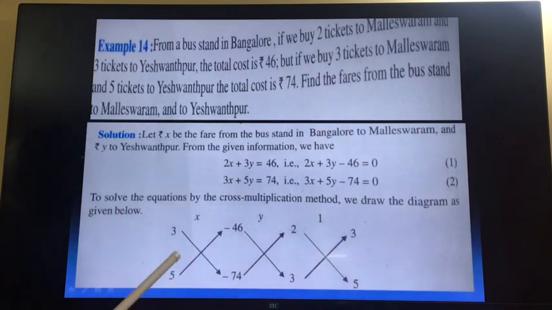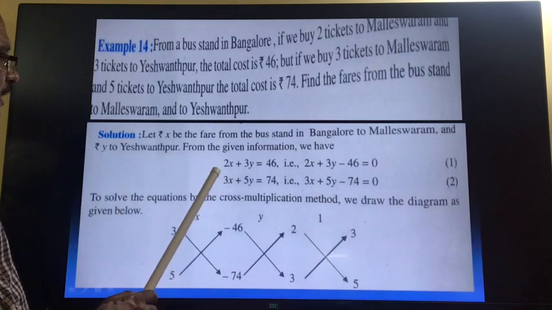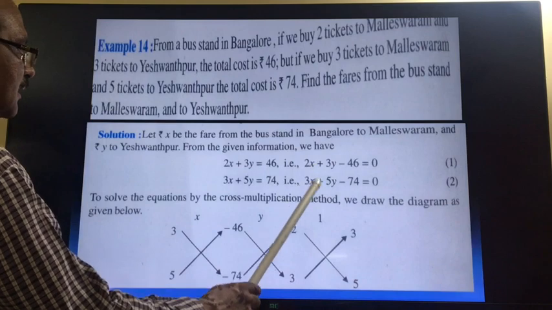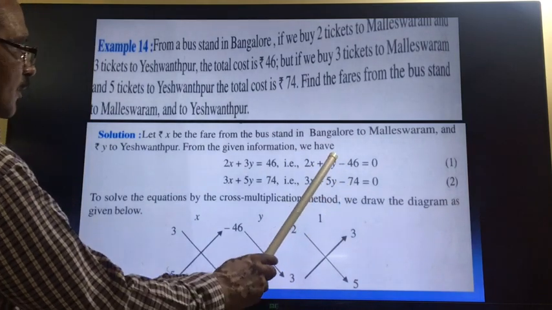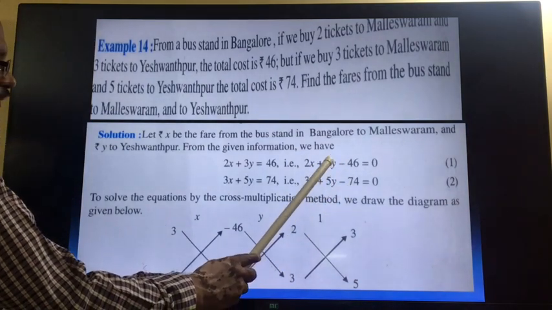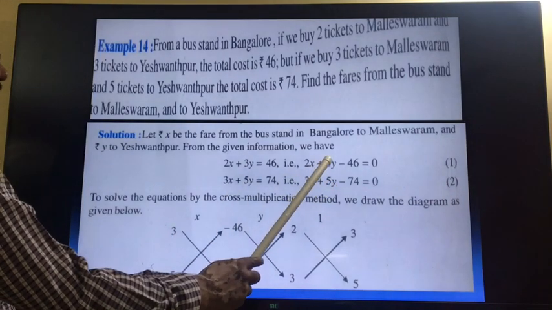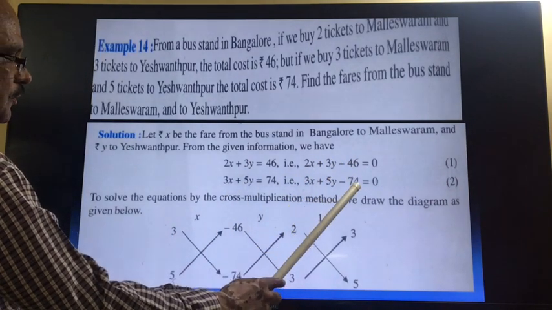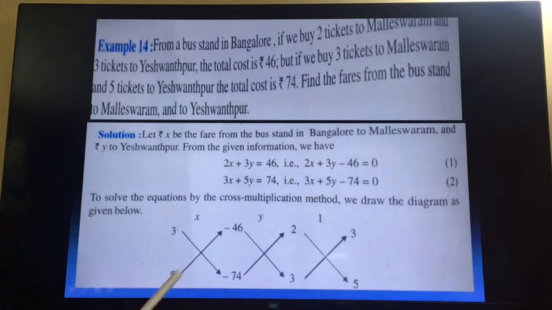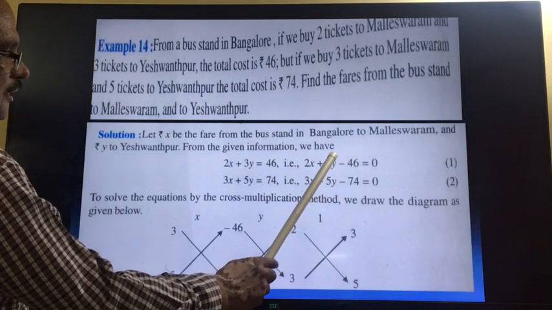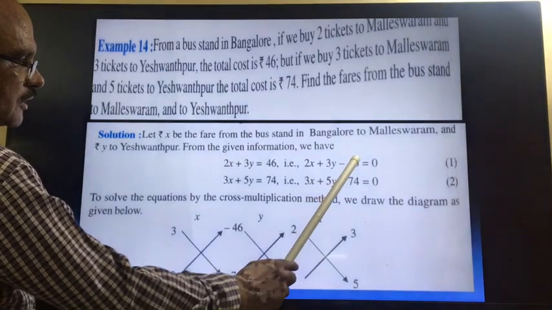So understand it. After writing these two equations, we start from the coefficient of y. The coefficients b1 b2 c1 c2 we write here.